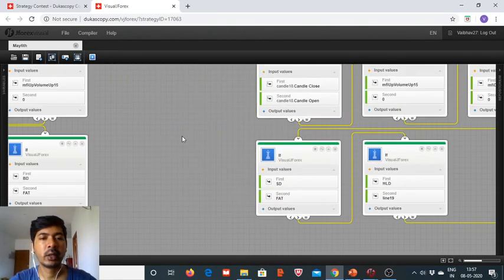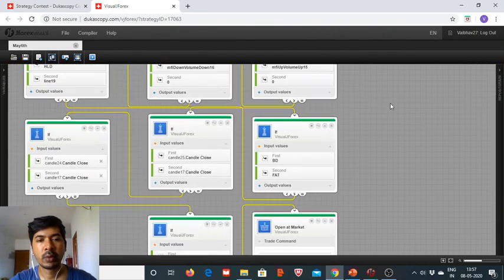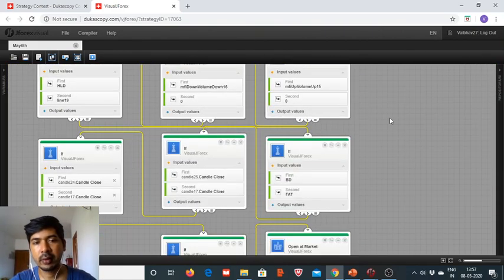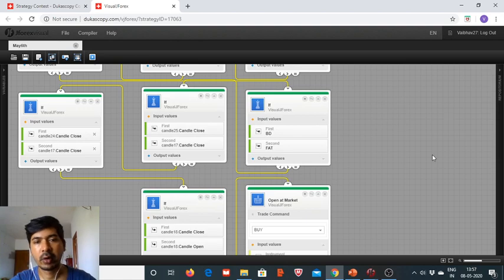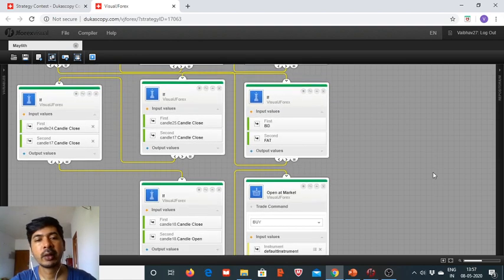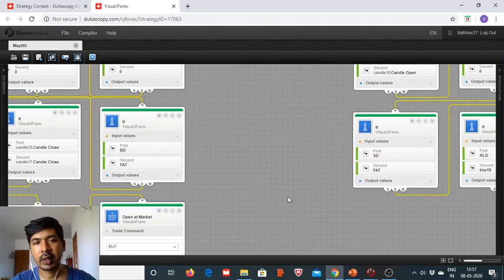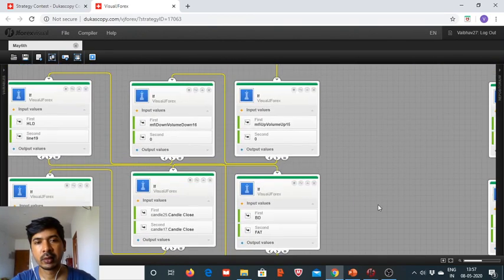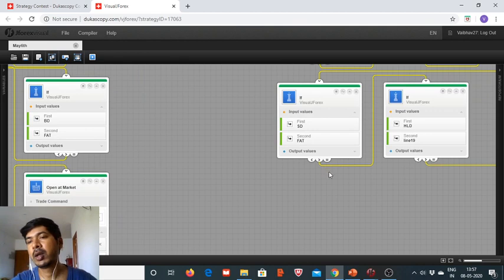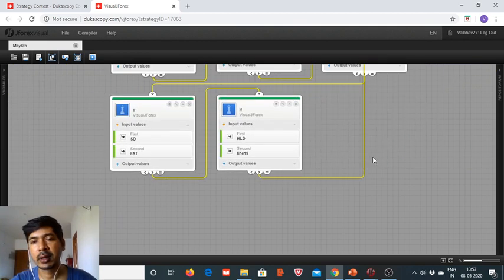We will now need to bring in the comparison of the 10 seconds candle with the last hour's candle closing levels.